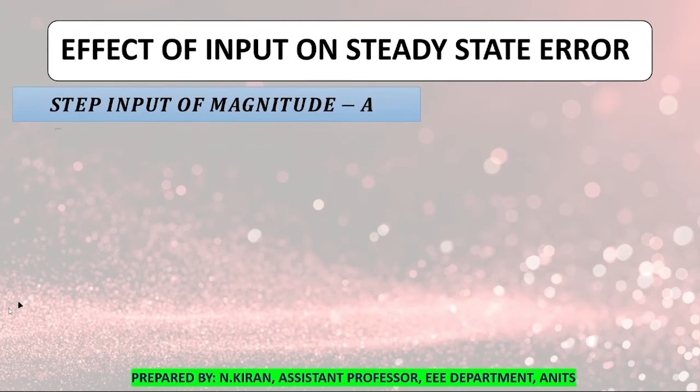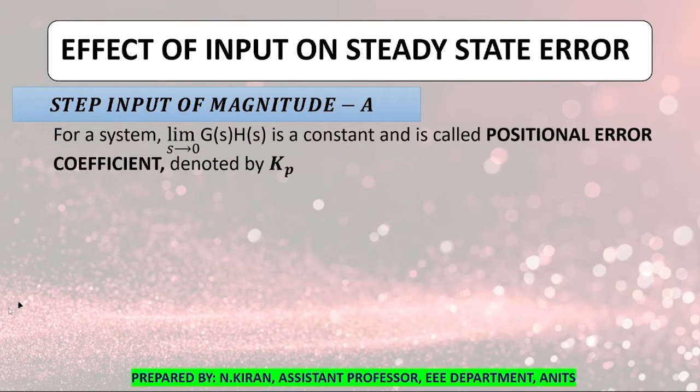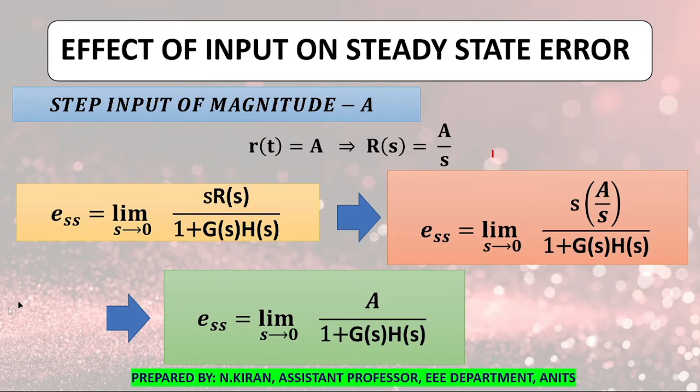G(s) into H(s) is always a constant. If I apply the limit to the denominator, we get limit s tends to 0 of 1 plus G(s) into H(s). 1 is anyhow a constant, so we get the second term as limit s tends to 0 G(s) into H(s).